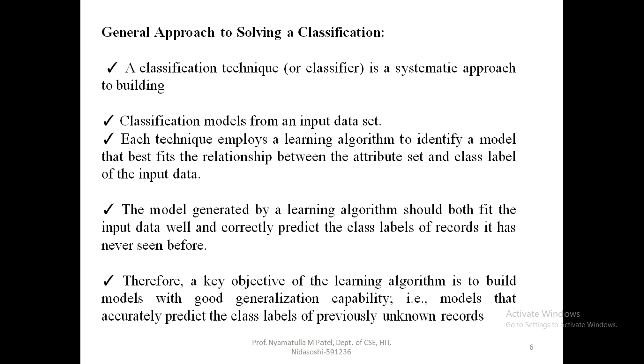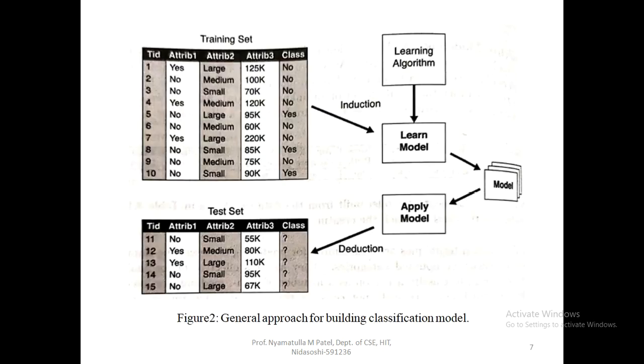You have taken a set of records, trained them and classified them into class 1, class 2, class 3 and class 4. Whenever you give new data which the classification model has not seen before, that is an unknown record. When you give that record as an input to the classification model, it should exactly predict which class it belongs to. So consider, for example, the training set and the test set.